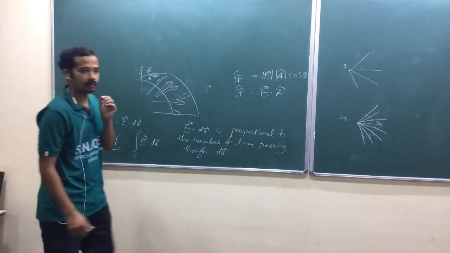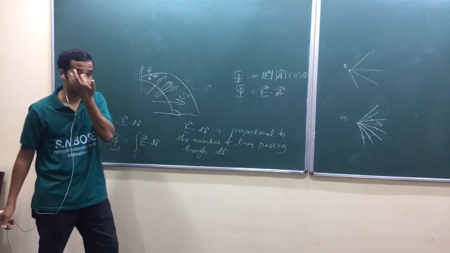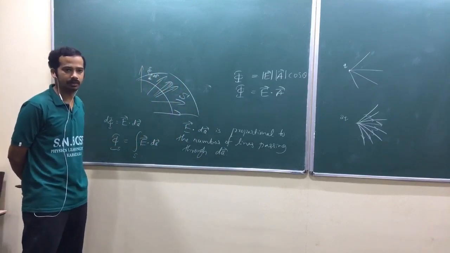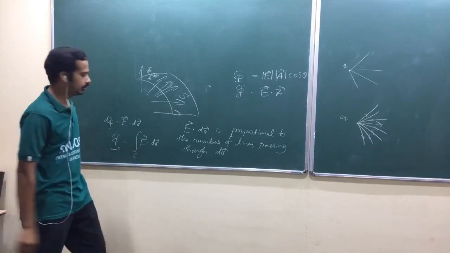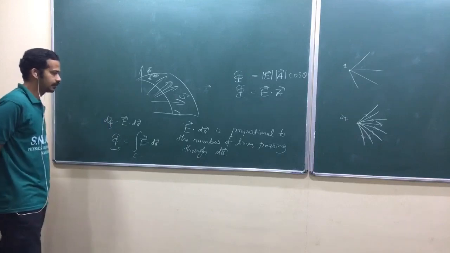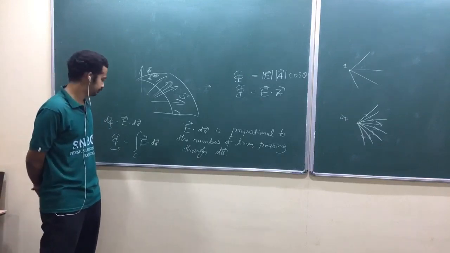We said proportional. Why? We can't count exactly. Is that okay? We can't count exactly, isn't it? It is all left to our choice. Remember, the electric field is a kind of our choice, isn't it?